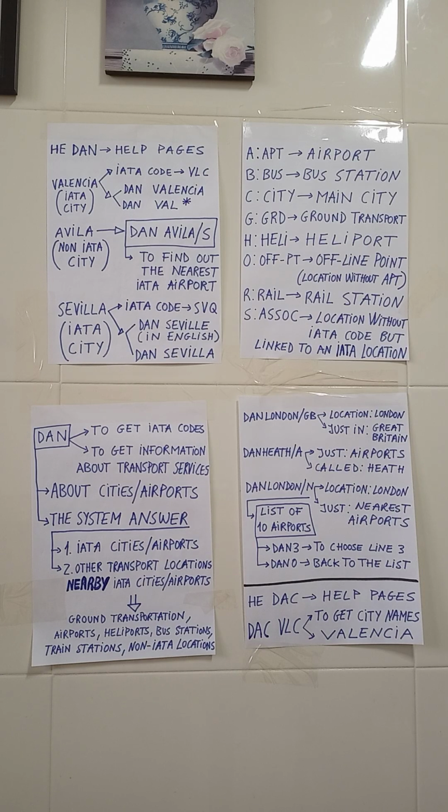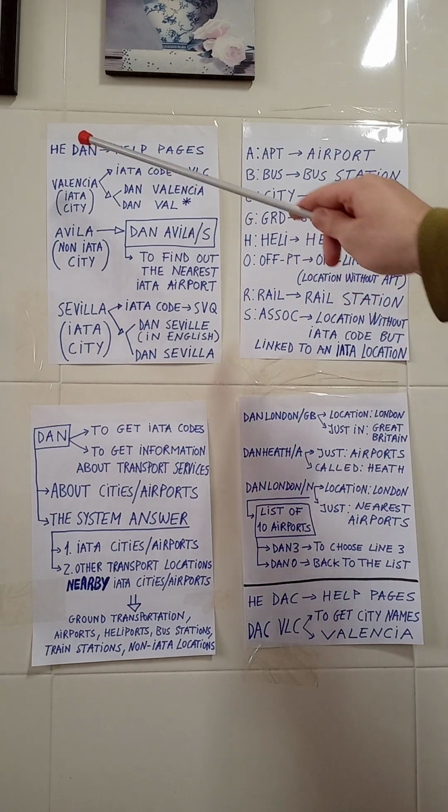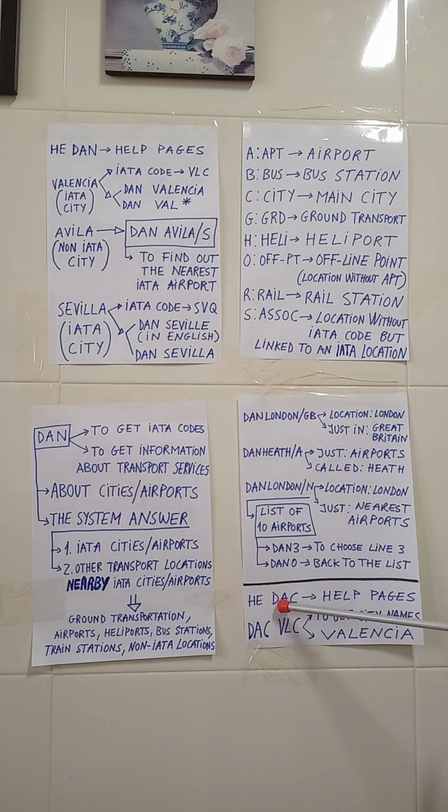All these locations and complementary information will take as a reference the main IATA city or airport that we have previously coded or decoded using DAN or DAC. Let's start with the video.